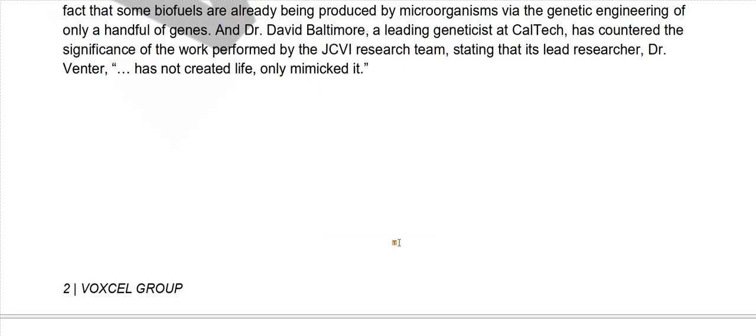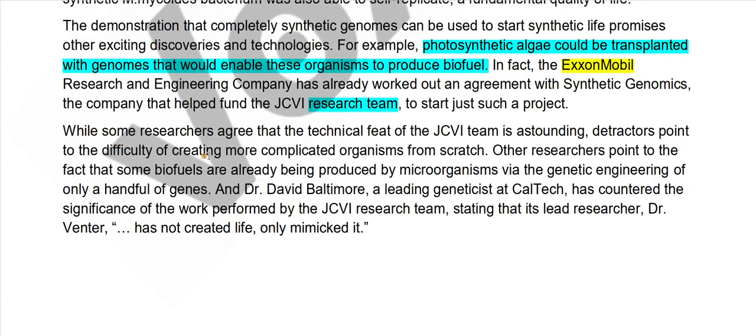Let's see the information. "While some researchers agree that the technical feat of the JCVI team is astounding, detractors point to the difficulty of creating more complicated organisms from scratch. Other researchers point to the fact that some biofuels are already being produced by microorganisms while the genetic engineering of a handful of genes.